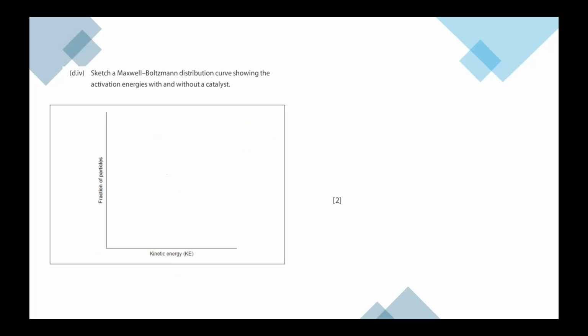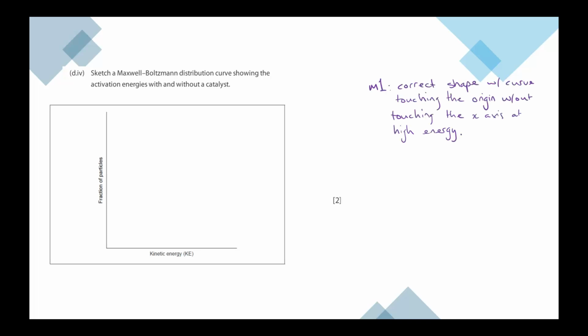And there we have: sketch a Maxwell-Boltzmann curve showing the activation energies with and without a catalyst. Okay, so M1 comes from the correct shape of the curve, right? In these ones, we need to make sure the curve is touching the origin at low kinetic energy. At high energy, it does not touch the x-axis.